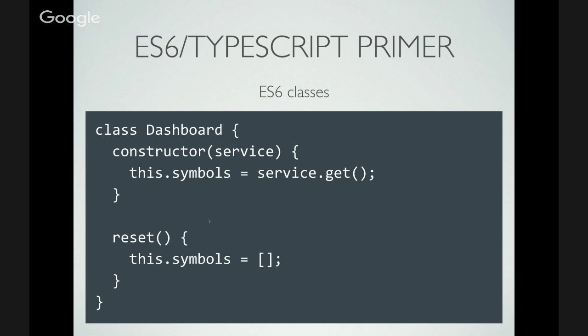So later on, I could do let my dashboard equal new dashboard, and I would be able to create a new dashboard with that through the class, and it would also run this constructor method. And you can see methods are declared with braces. There's no function name here, but it's implied by the way that it's set up.